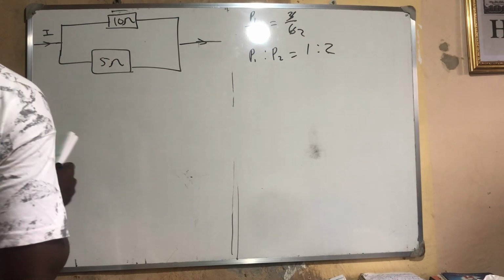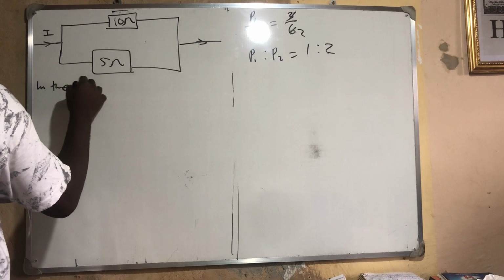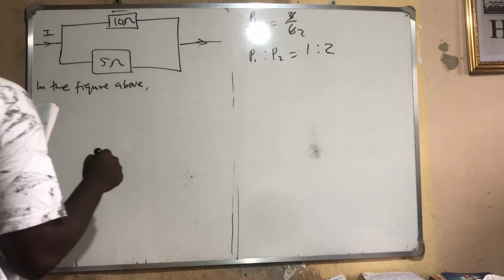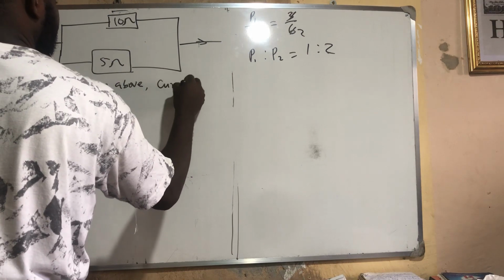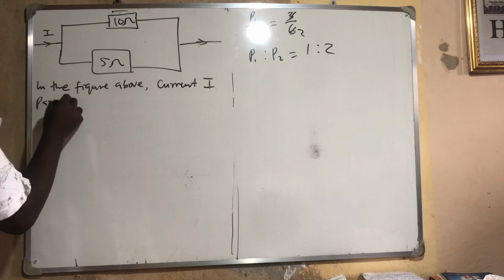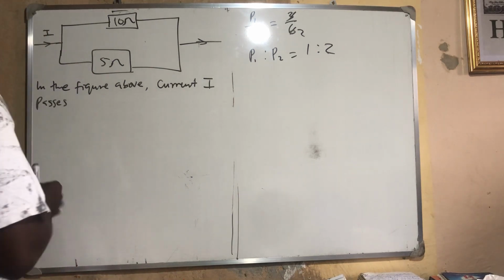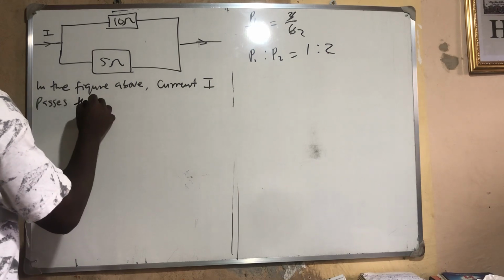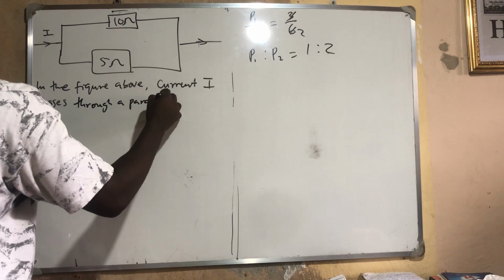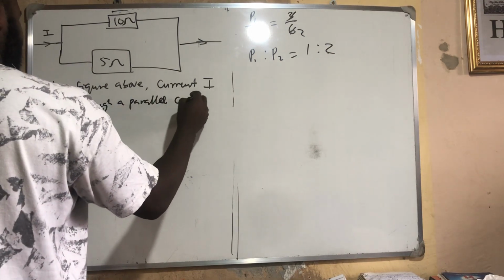Then I say, in the figure above, current I passes through a parallel combination.